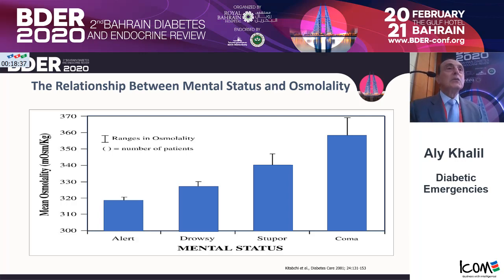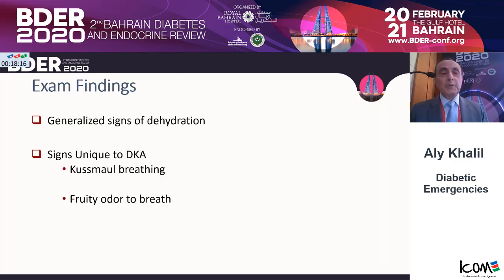The higher the osmolarity, the greater the change in mental status. You go from alert at an osmolarity of 320, to drowsy at 330, stuporous at 340, and comatose when you reach 360. It's very early to reach that stage, but this is a point to make.